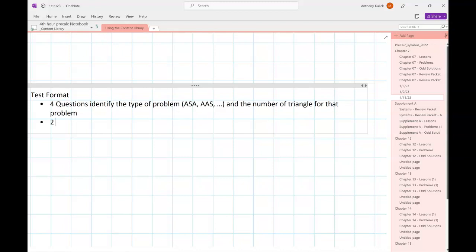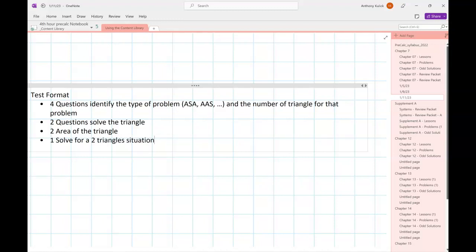I have 2 questions to solve the triangle. I have 2 area of the triangle questions. Then I have 1 solve for a 2 triangles situation.